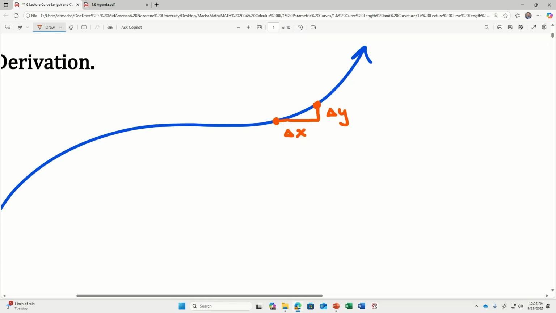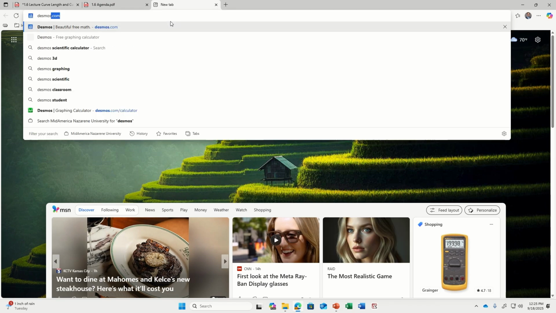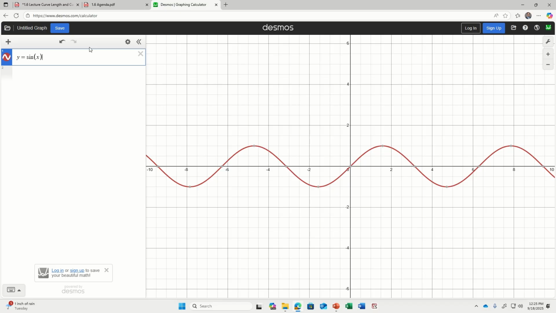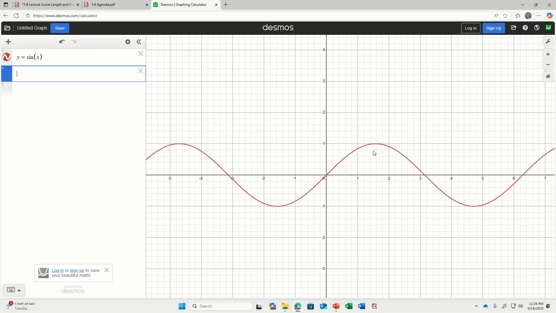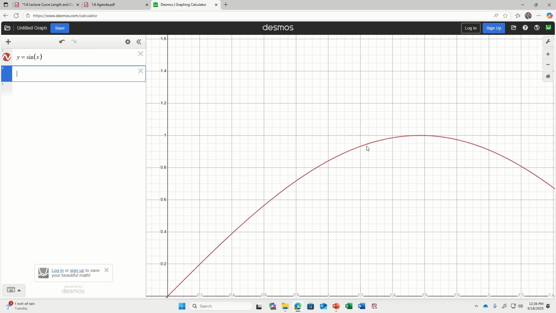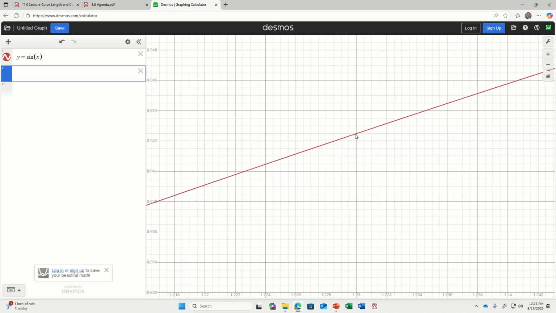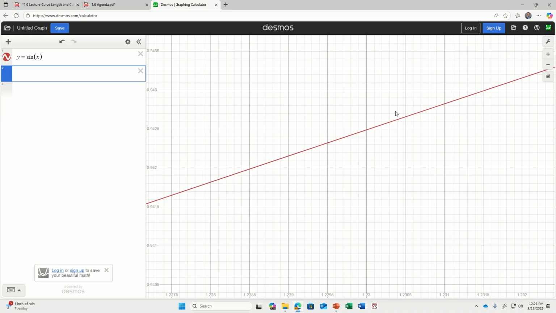I couldn't zoom in very far, so it still looks a little bit curvy. But the idea of differentiable functions is that if we zoom in really, really close, it should look like a line, as long as we zoom in close enough.